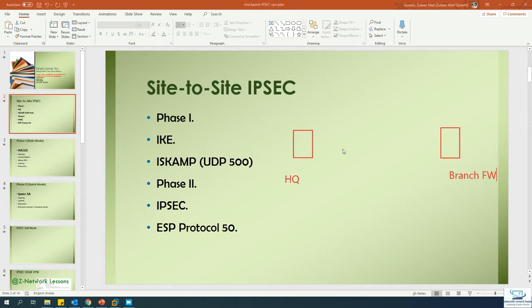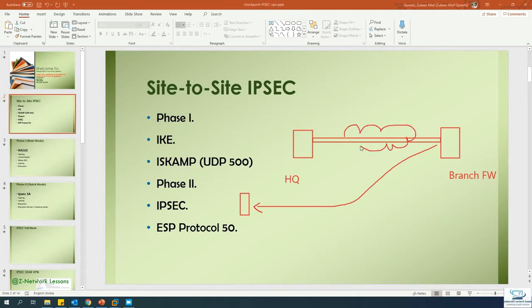Say for example the branch needs to speak to the headquarters, because the fact is that you have a server over there and this branch has to access this server. This can be done over the internet, but the communication should be secured. So in that case what we do is we form an IPsec tunnel between these two firewalls, and that too is actually over the internet.